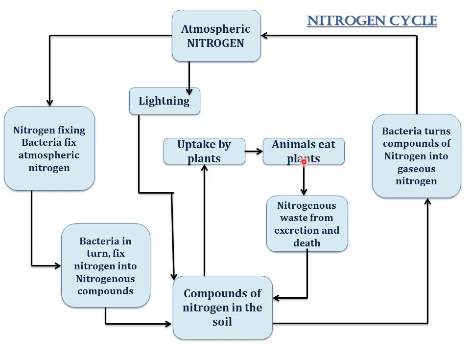Now, when these plants or animals die, the dead organic matter is decomposed again by microorganisms, and in that process they produce nitrogenous compounds, and some bacteria turn these compounds directly into nitrogen, and it circulates back into the atmosphere. So this is the complete cycle of nitrogen.